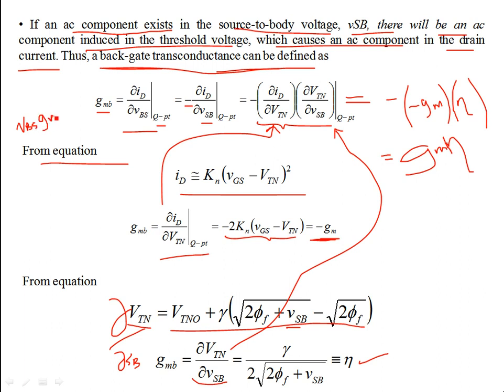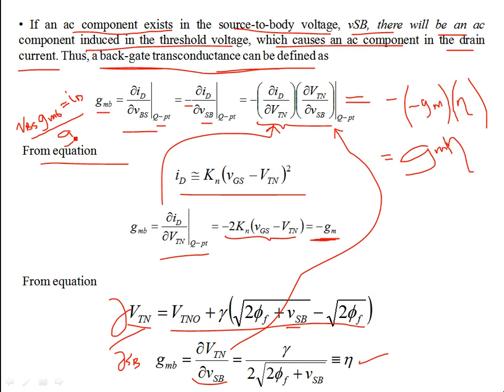The input is the bulk-source potential difference, and the output effect happens on the drain current. So the AC drain current component is due to the body effect.